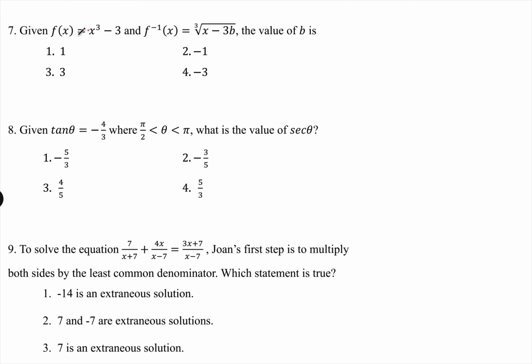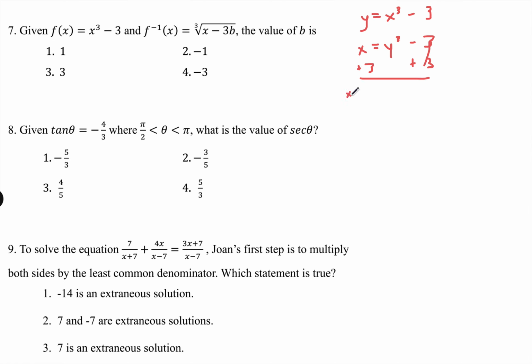First step of the inverse is to turn f of x into y, so y equals x cubed minus 3. Second step, swap the x and y, so x equals y cubed minus 3. Then I want to solve for y, so I add 3 on both sides.